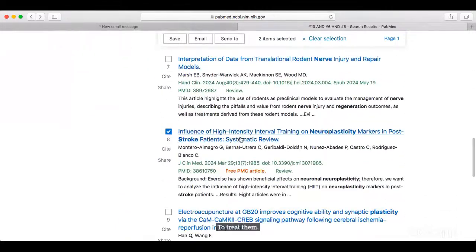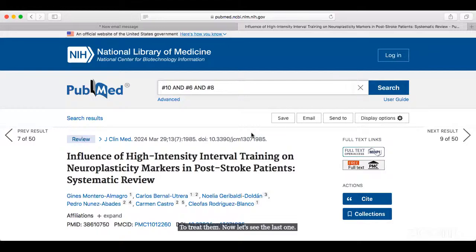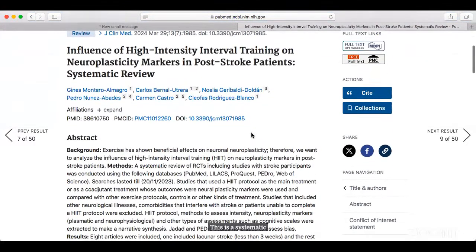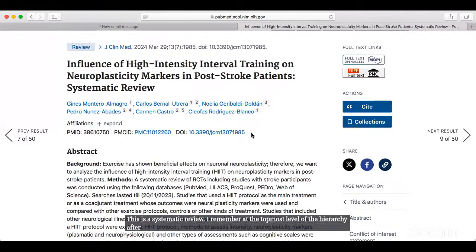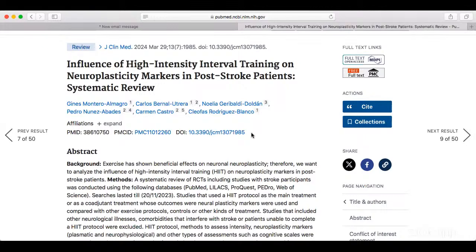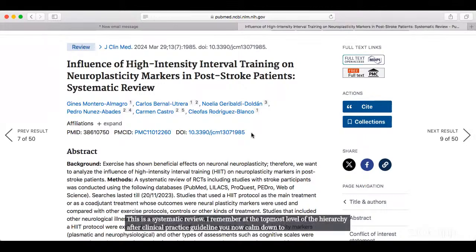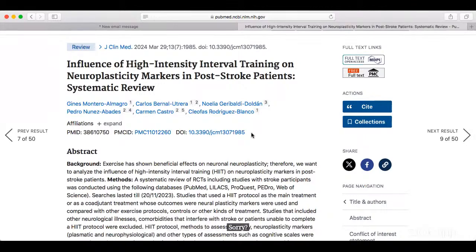Now let's see the last one. This is a systematic review. And remember, at the topmost level of the hierarchy, after clinical practice guideline, you now come down to meta-analysis.